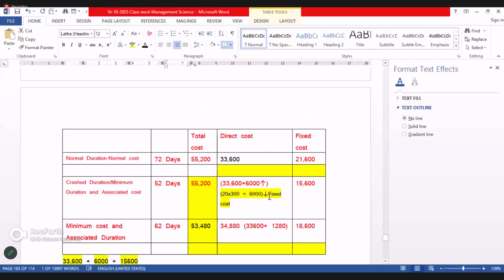So even though it becomes 72 to 52 days, cost-wise the same level of increase and the same level of reduction. Therefore it again becomes 55,200. That is the reason behind it. The total fixed cost is 15,600 for all 3 cases.